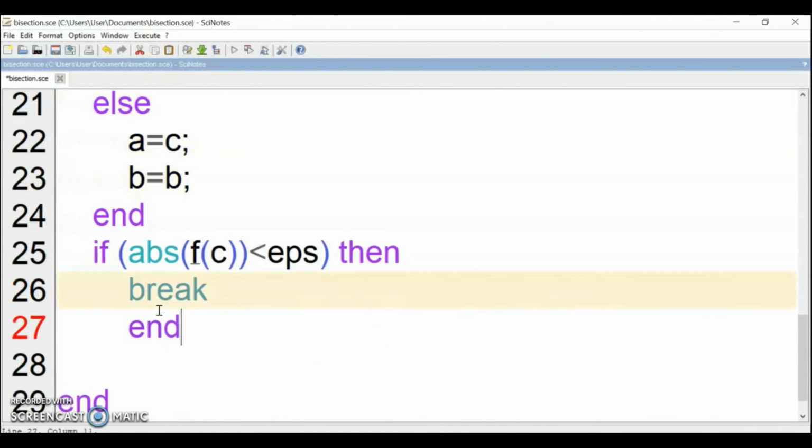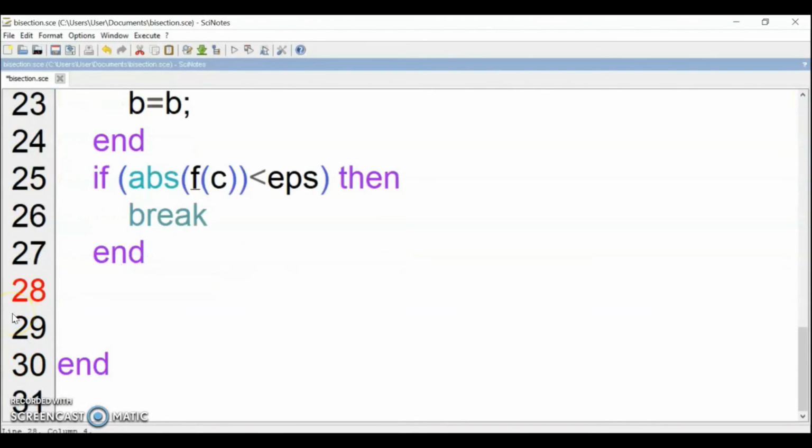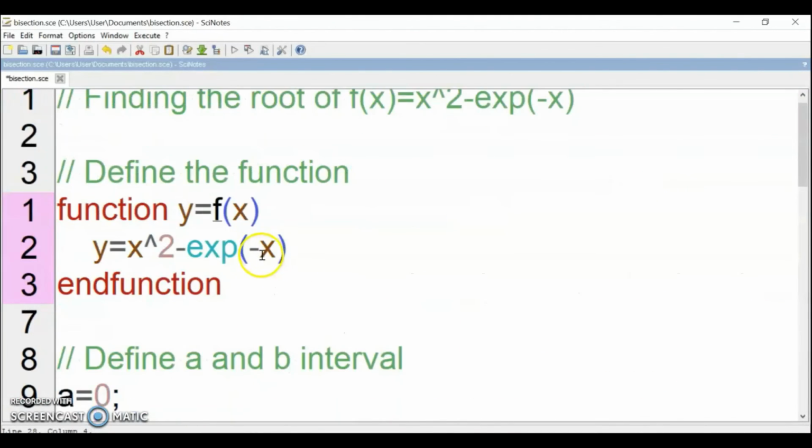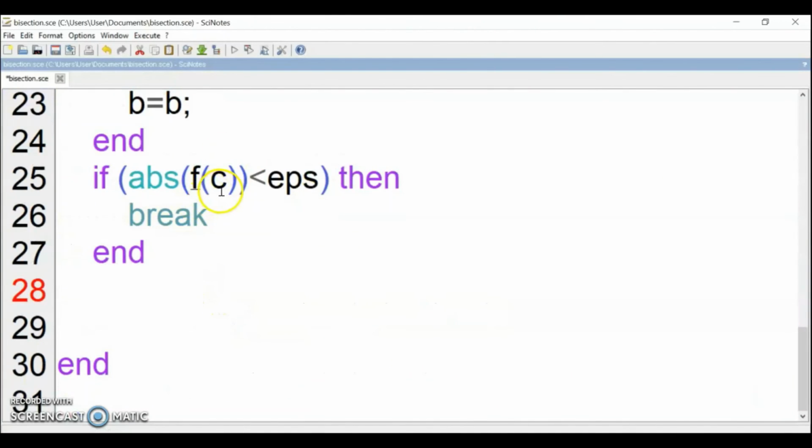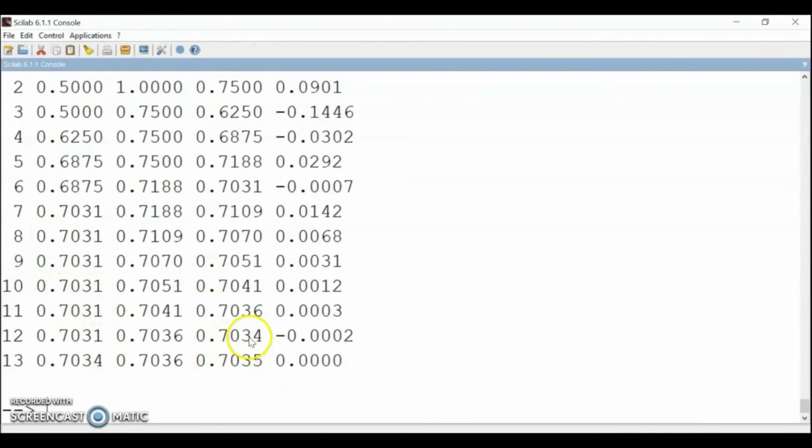And I have an end for the if. Do you see that? So I'm saying that if epsilon is 0.001, so fc is under 0.001, then you stop the iteration. Let's see what you get. There you go.